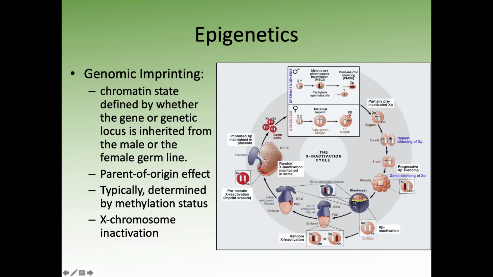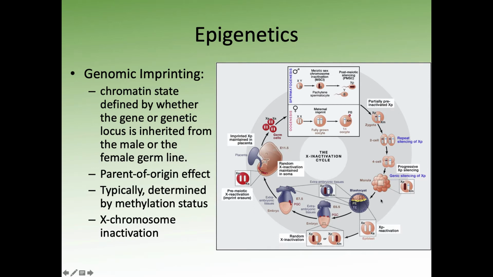It comes through and is progressively silenced early on in development. So the XM here is more active and is just being transcribed. The maternal X chromosome is actually going to be the one which is expressed in early development.